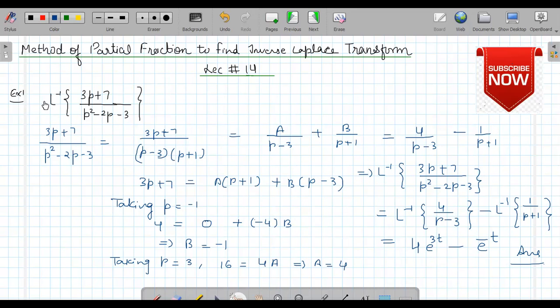Example: find the Laplace inverse of (3p + 7) divided by (p square minus 2p minus 3). This is the example whose inverse Laplace transform we have to find.